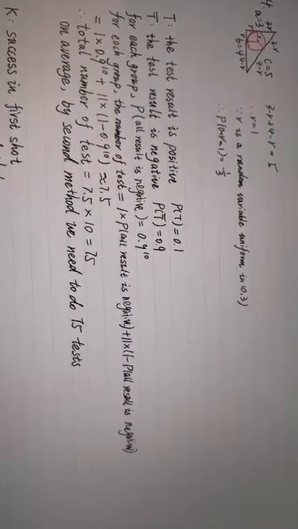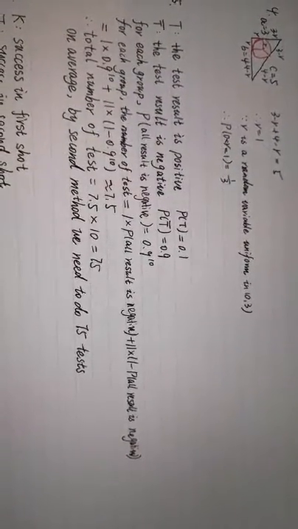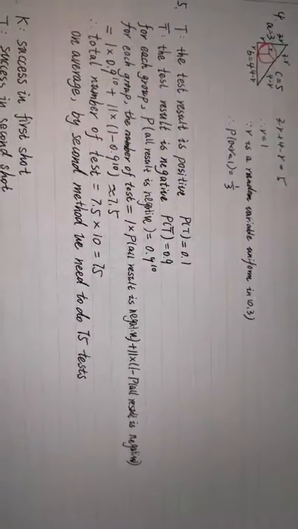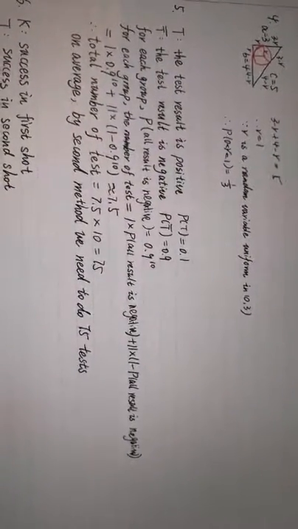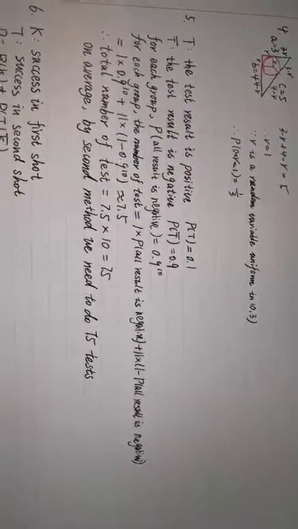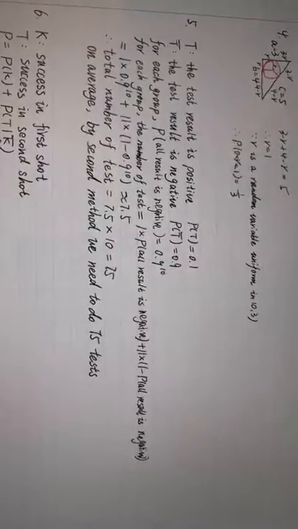and times the probability that there is at least one person in this group whose result is positive, which means there might be 1, 2, 3, up to 10 people in this group whose result is positive. It can be any number between 1 and 10, but at least there should be one person in this group whose result is positive.